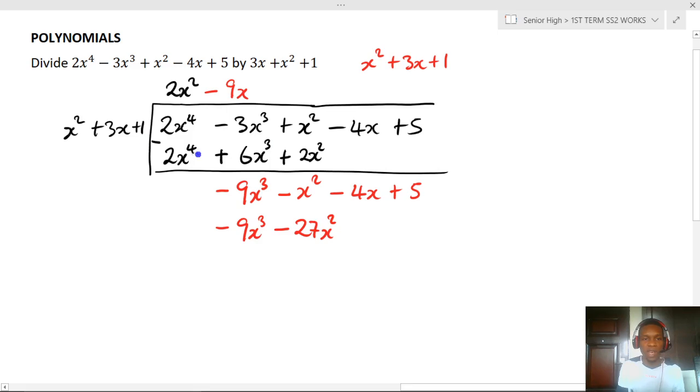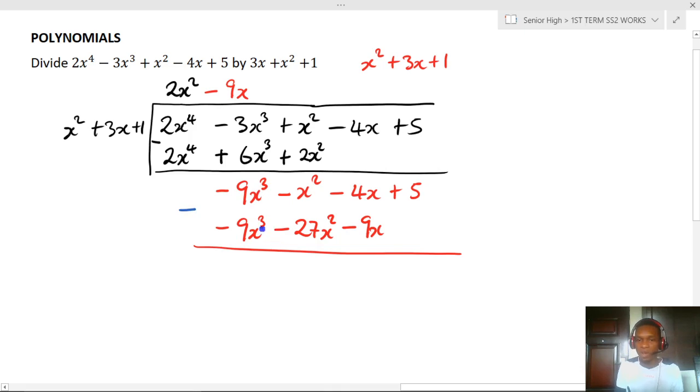Minus 9x multiplying plus 1 will give us minus 9x, and then we subtract. Subtracting, we have that minus 9x cubed plus 9x cubed is 0.